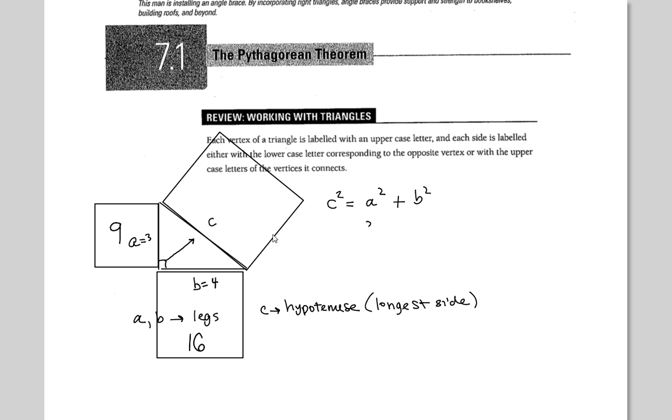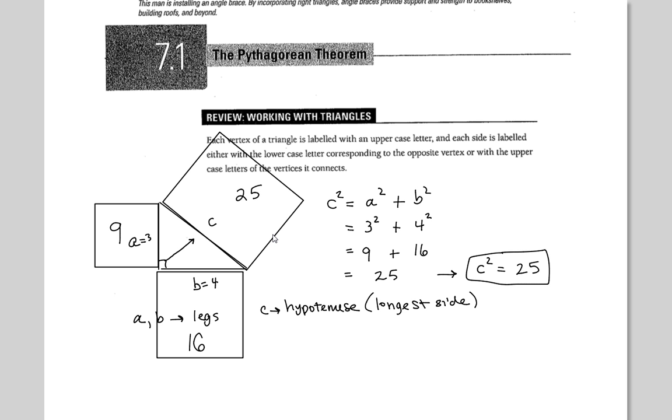So that would look like this. 3 squared plus 4 squared, 9 plus 16, that is 25. So what they're saying here at the bottom of this equation is that the square of length c is equal to 25.